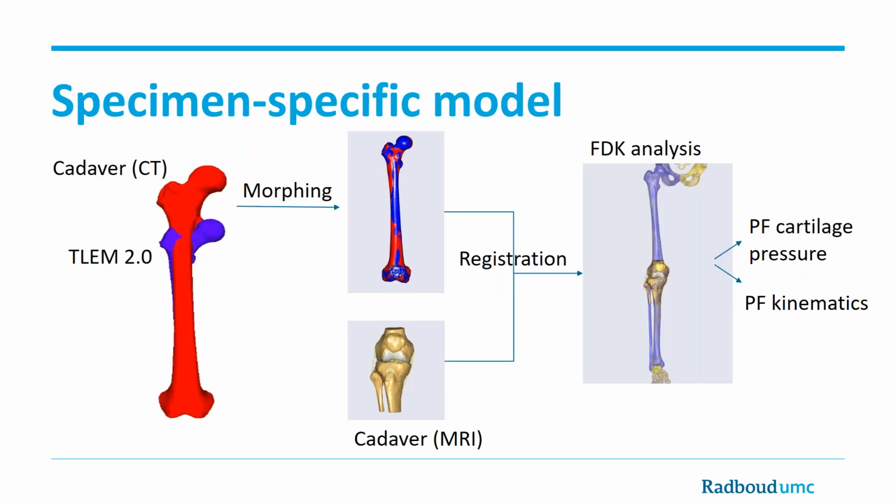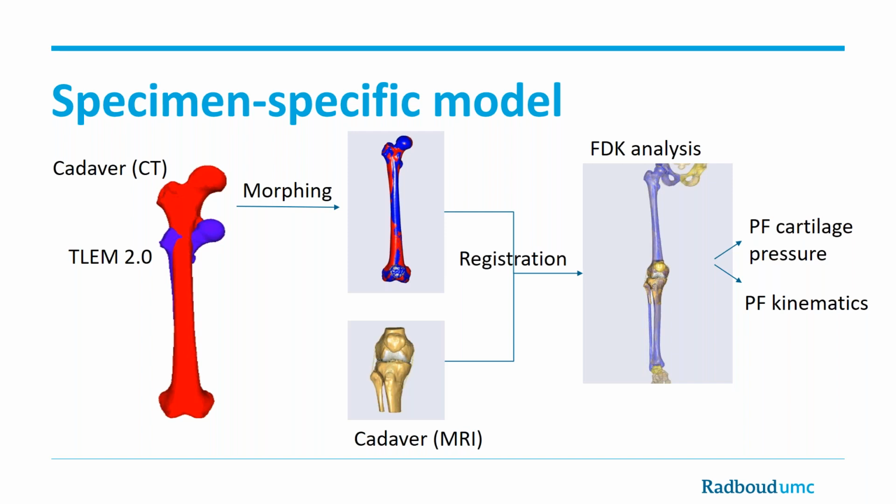To address this problem, we developed a patient-specific model of the patellofemoral joint. We started from a cadaver specimen for which we had CT scans and also MRI scans of the knee.